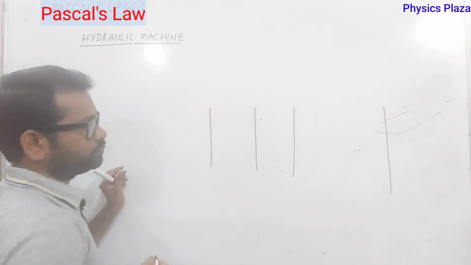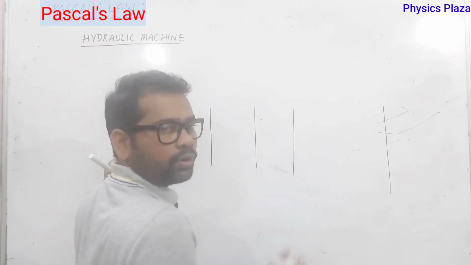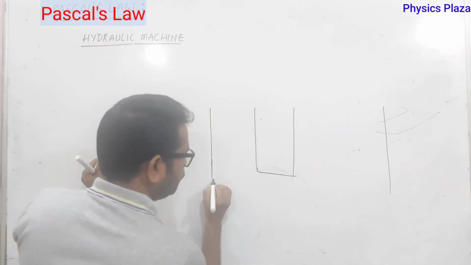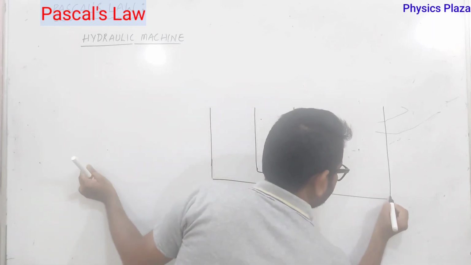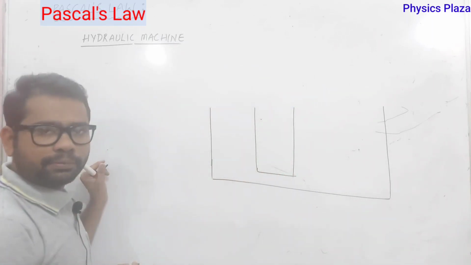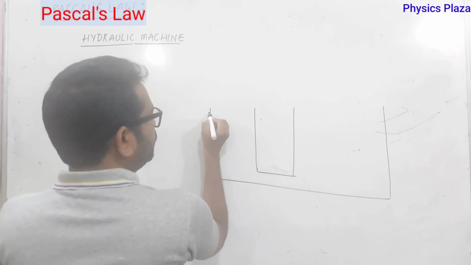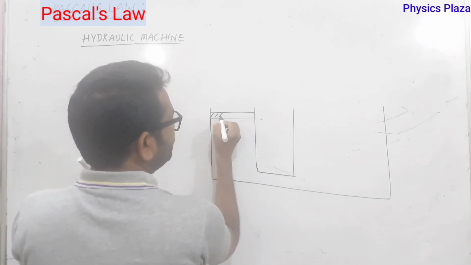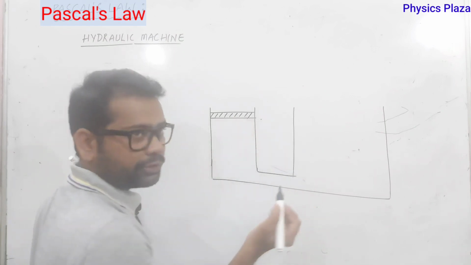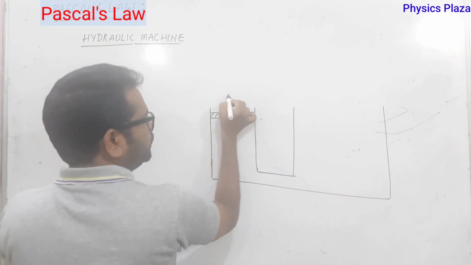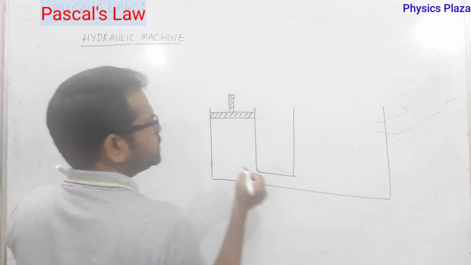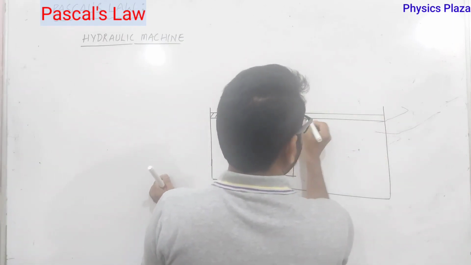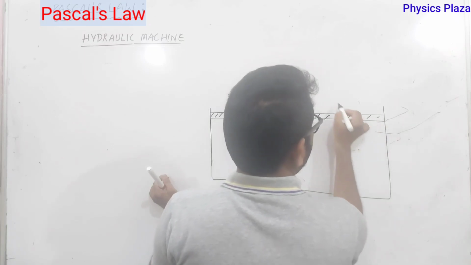Both differ. Surface area is less on one side and more on the other, and these two are connected by means of a horizontal pipe. They are provided with pistons that are not identical, because the surface areas differ. Both are frictionless pistons, and here is one more piston with the larger surface area.